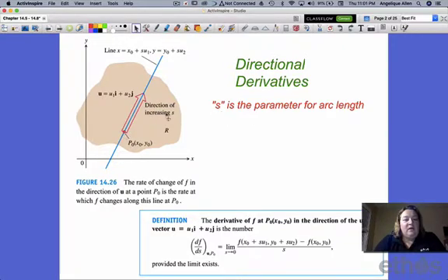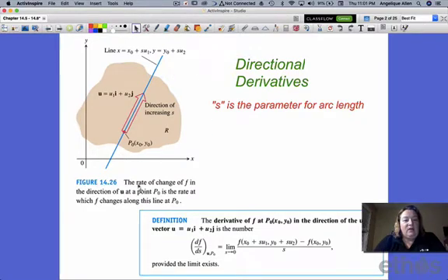So our line is defined in terms of a parameter s. x is x naught plus arc length times u1, which comes from this vector, and then y is y naught plus s times u2, the y component of our direction vector. So we're learning to take the derivative of our function f in the direction of u, and we're using a line drawn across it to help us understand that.